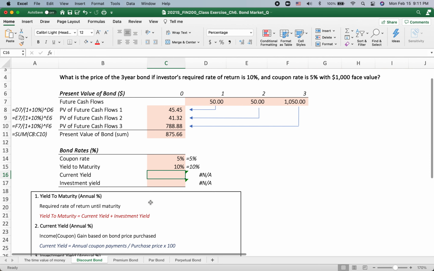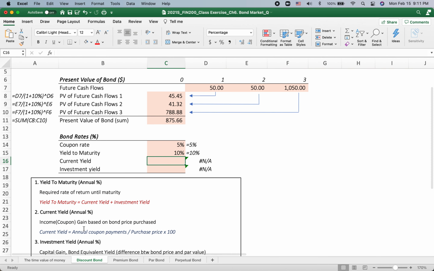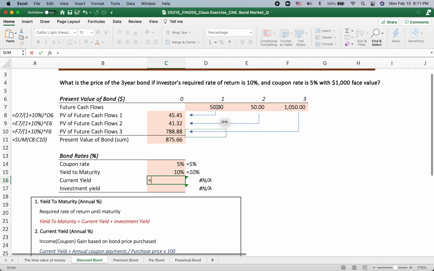Now, how do you calculate current yield? Current yield is the coupon income based on the bond price purchased today. So this $50 every year, this fixed coupon, is divided by the present value of the bond.